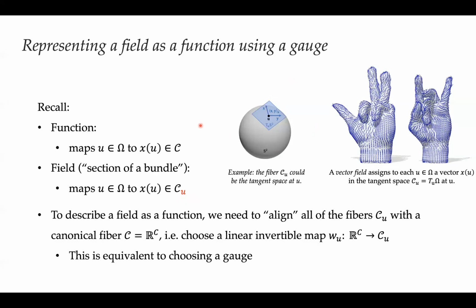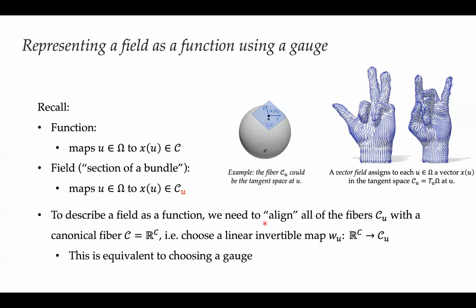So if we want to describe a field as a function, what we need to do is align all of these things, C_U, which are called fibers, with a canonical fiber that we can take to be, let's say, R to the C for a feature with C channels.